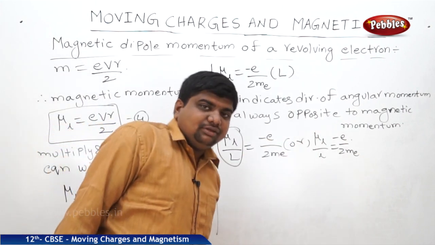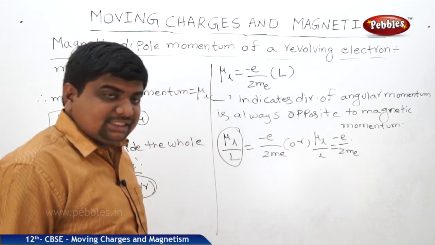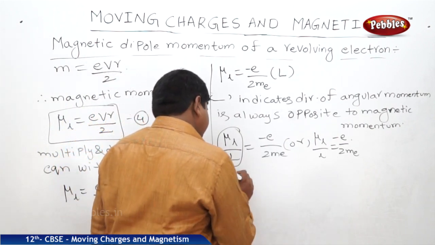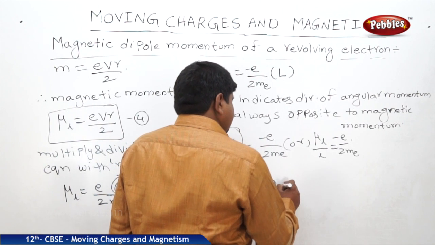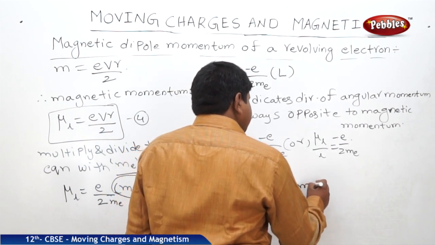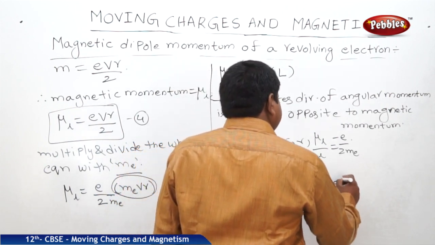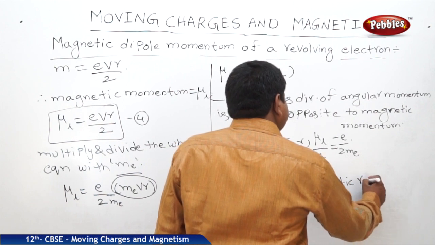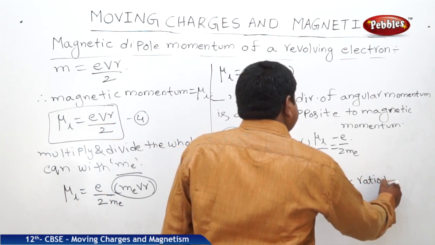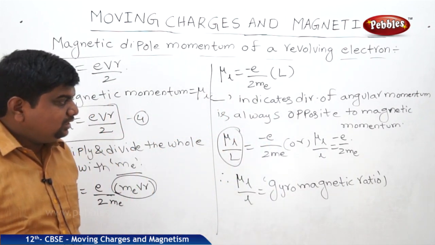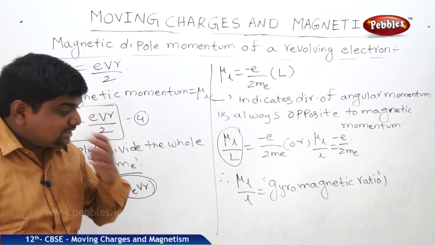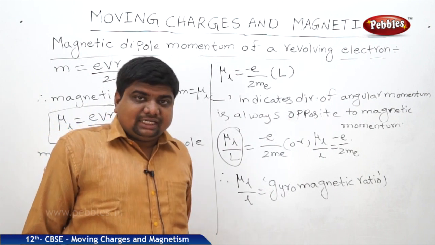Therefore, mu L by L is the gyromagnetic ratio. So, charge per unit mass of a charged particle is said to be gyromagnetic ratio.